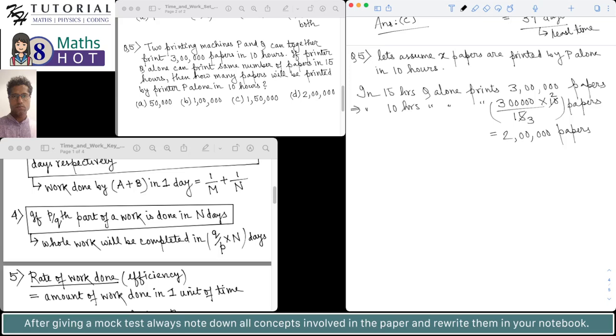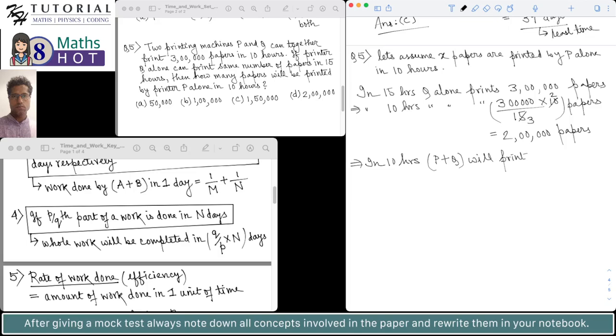And also we have assumed that in 10 hours, P alone will print X papers. So this implies that in 10 hours, P plus Q will print.